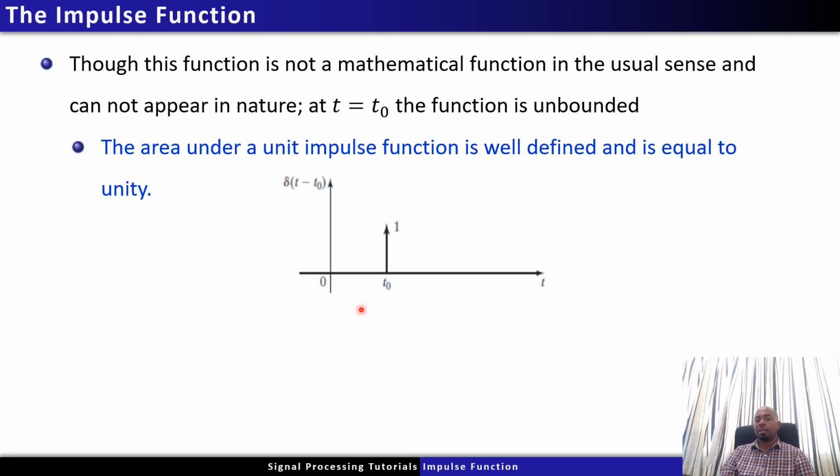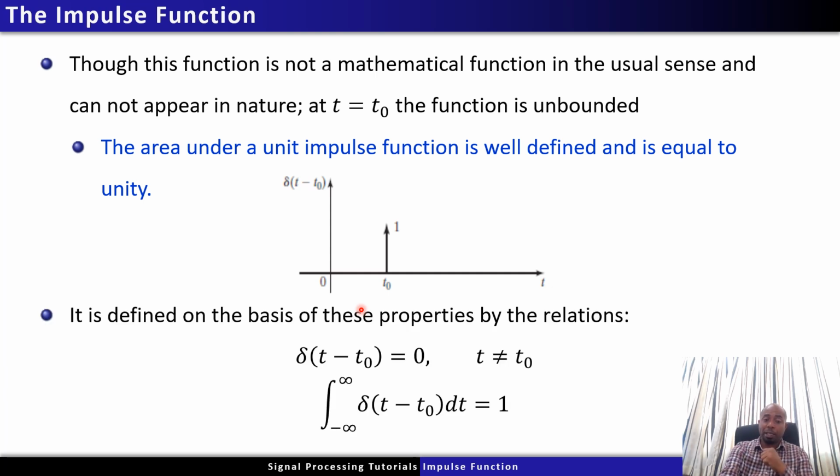However, the area under it is very well defined and is equal to 1. So the function is not defined, but the area under it is well defined, and it is equal to 1. That's why we define the impulse function based on its properties.